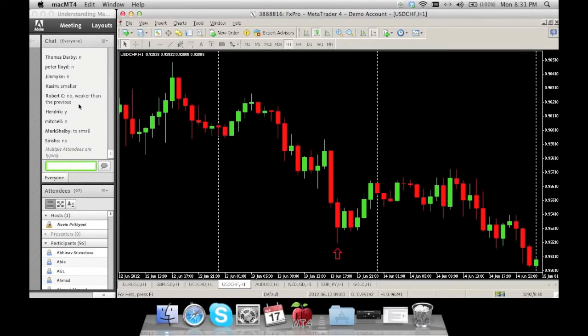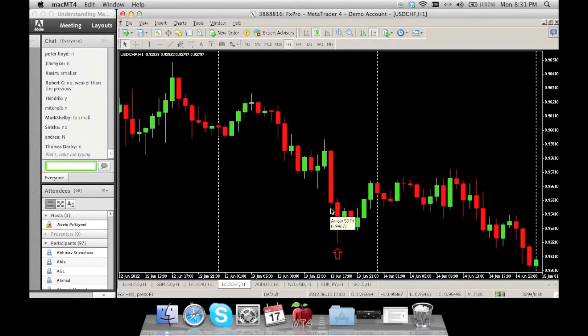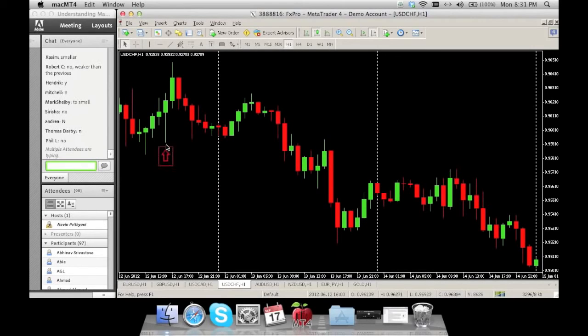Weaker than the previous. The previous candle is way too big. So no. All right, trend continuation pattern here. Yes, it's an upside down exhaustion, bigger than the previous candle, and it's also in a trend.